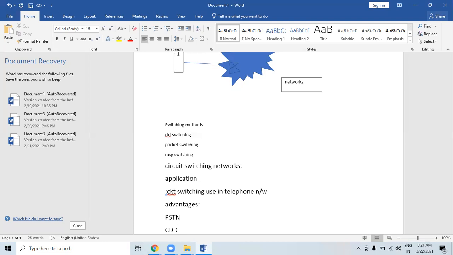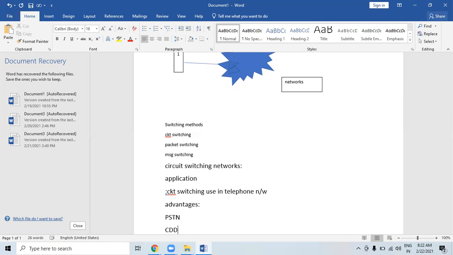Okay, so disadvantages: the storing and forwarding introduce delay, hence it cannot be used for real time applications like voice and video. The intermediate devices require large storage capacity since they have to store the message until a free path is available.